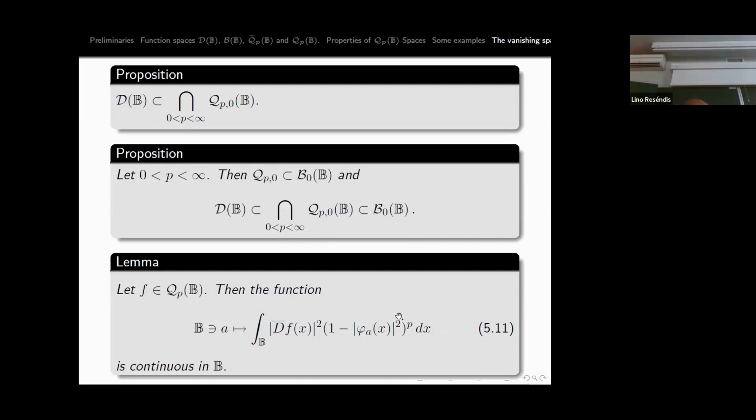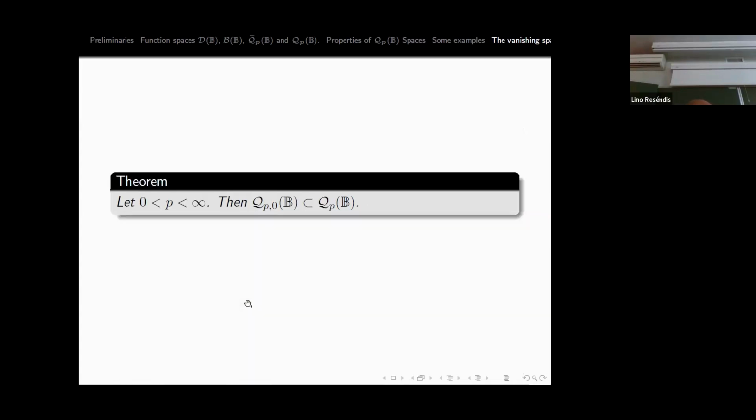This is the definition of our Qp space. Then this function is continuous in the unit ball, and as a consequence of this fact, the vanishing space is a subset of the usual Qp space.